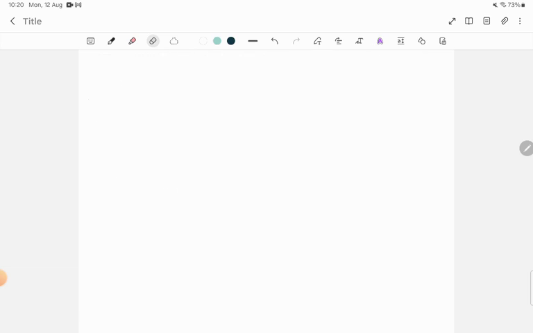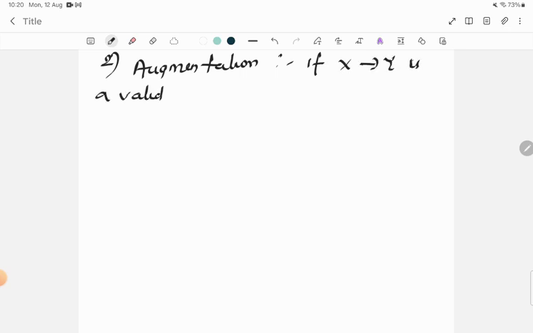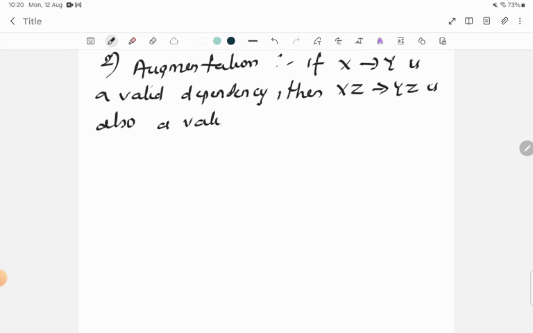Let's talk about the next property. The second property is the augmentation property. What is the augmentation property? If x determines y is a valid dependency, then xz determines yz is also a valid dependency by this augmentation rule.